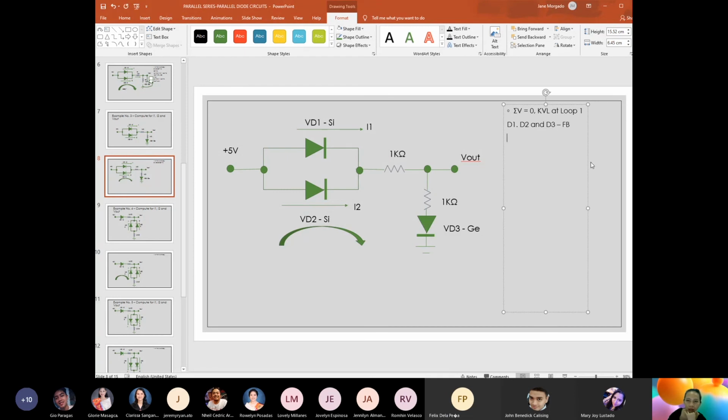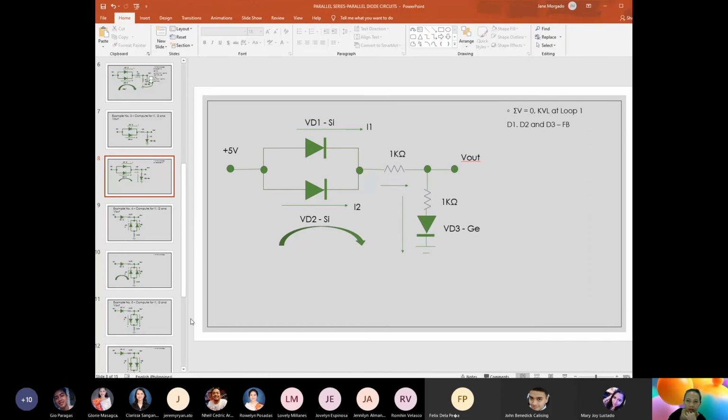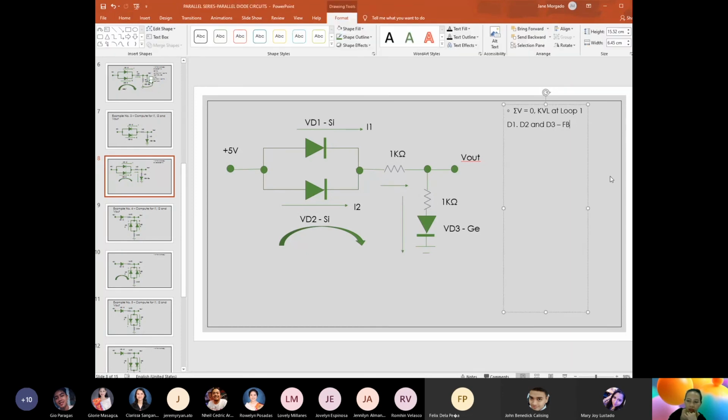Paano naman tayo equation naman yan? So, lahat forward bias. So, meaning, may voltage drop ka sa germanium. Meron ka sa silicon. Meron tayong current kasi walang putol na linya. Sige, equation.